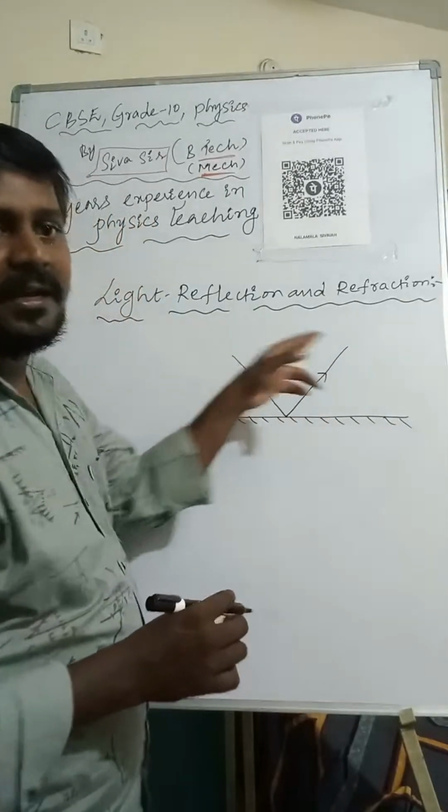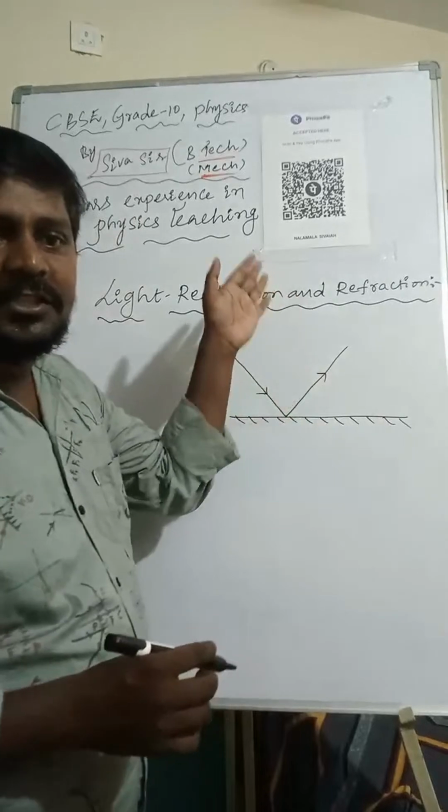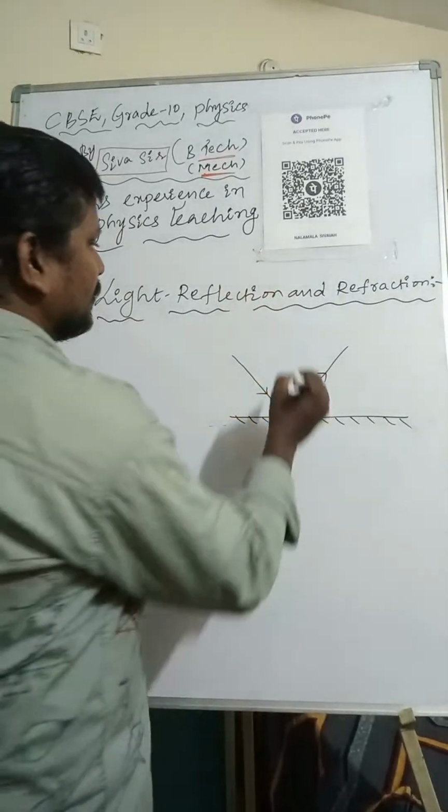This is the incident ray, the reflected ray, and the line which is perpendicular to the plane surface is called the normal line.